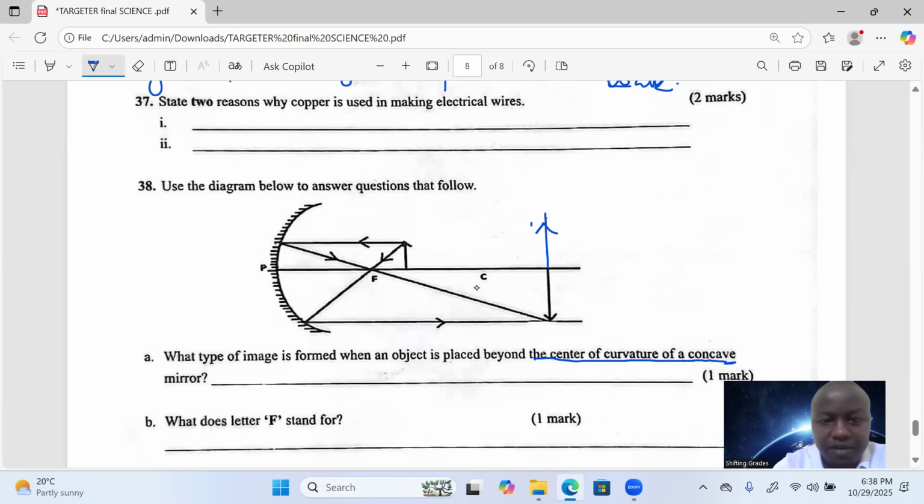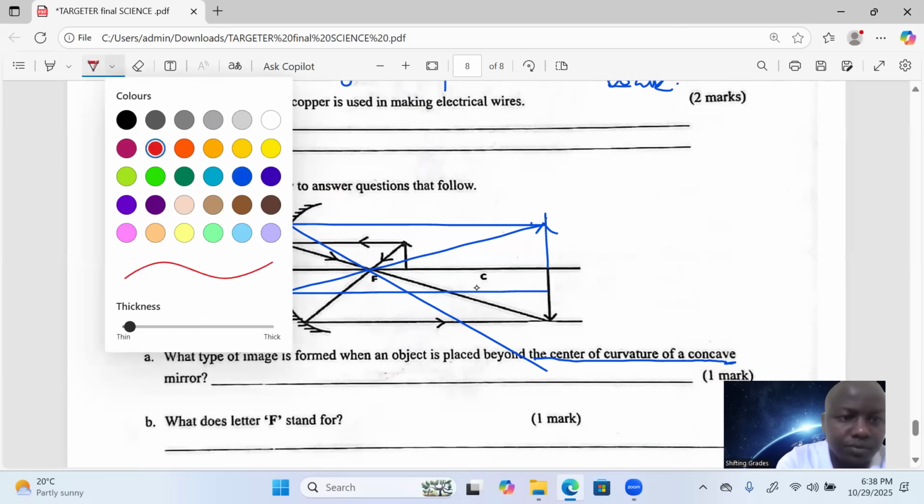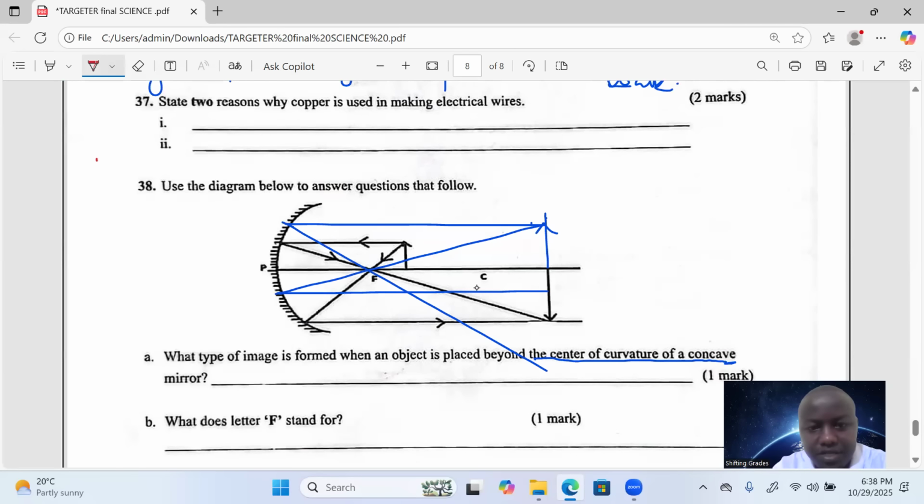You will need very quickly rays of light. That one goes through F. Then if it's through F, it becomes parallel to the principal axis. So you see the two are intersecting at this point.